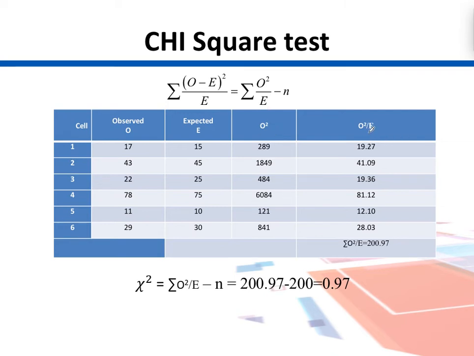Then we get O squared by E for each and add them up: that's 200.97. Chi-square is the sum of O squared by E minus N, so 200.97 minus 200 gives 0.97, the same as before. This is our calculated chi-square.